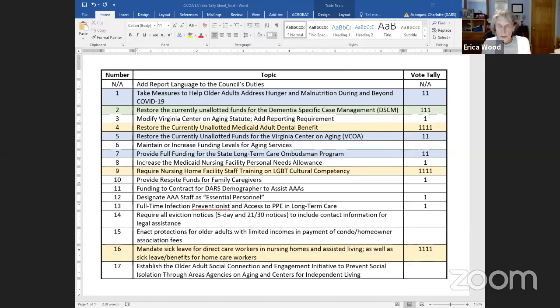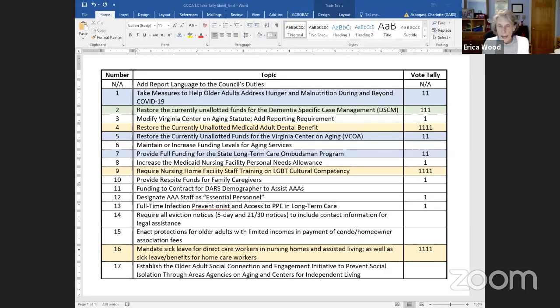Of course, the Ombudsman during COVID could not go into the facilities, but has still been playing a tremendous role and is obviously a key piece of the puzzle in providing that much needed care and response during COVID. For many, many years, the Ombudsman has not had the full funding that it really requires.